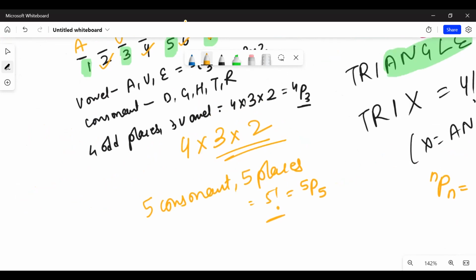So the number of ways would be 5 factorial into 4 into 3 into 2. To solve this, 120 into 24, 2880.